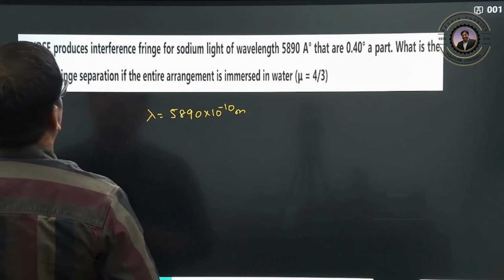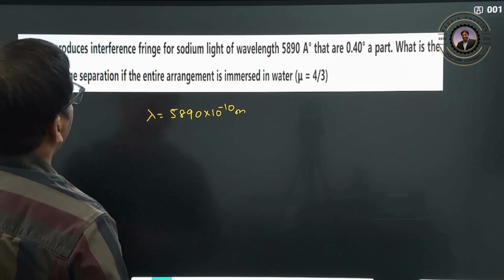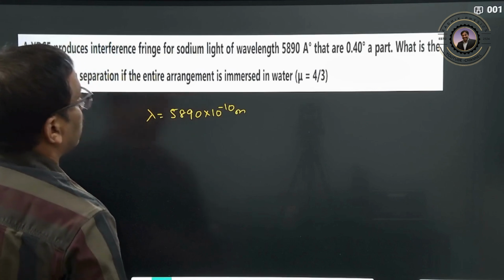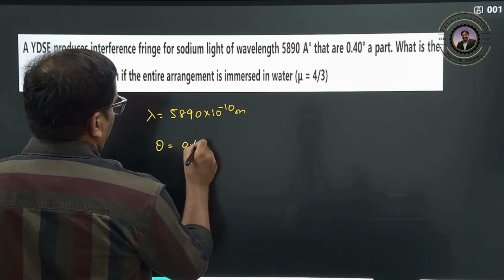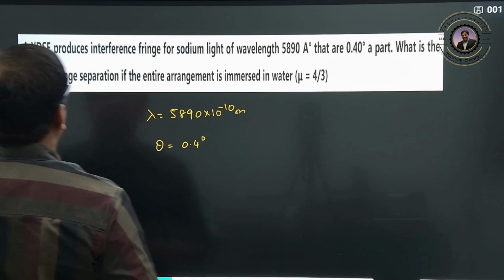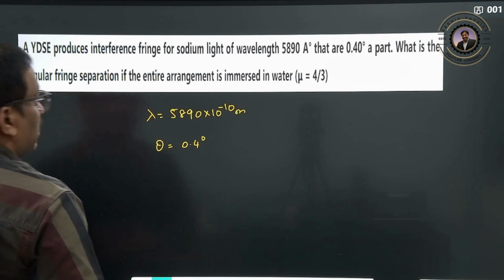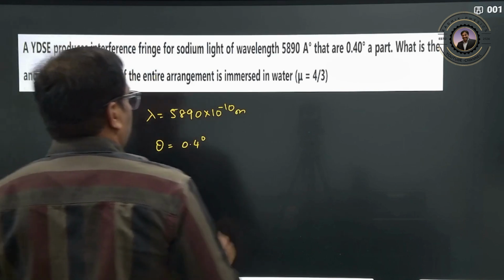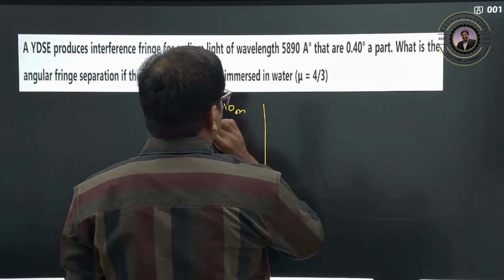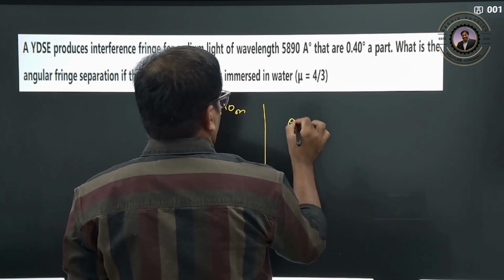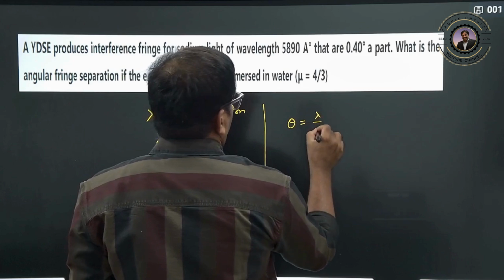The angular fringe width is given as 0.4 degree. What is the angular fringe separation if the entire arrangement is immersed inside water? So here, theta, the angular fringe width, is lambda by d.